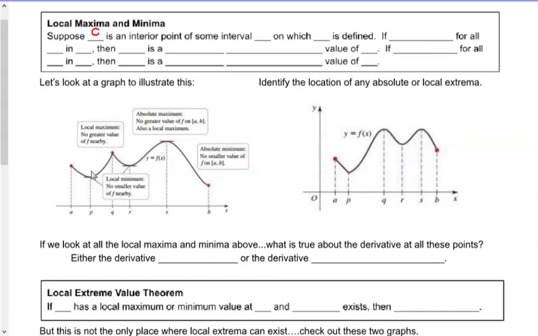So suppose that C is an interior point on some interval I on which our function f is defined. If, this will look similar to the last one, f of C is greater than or equal to f of x for all x in I, then that f of C is a local maximum value of f.